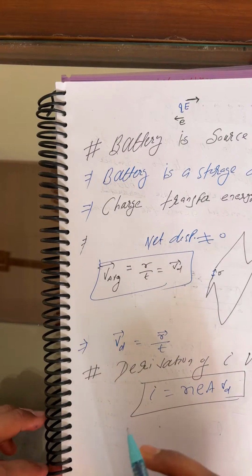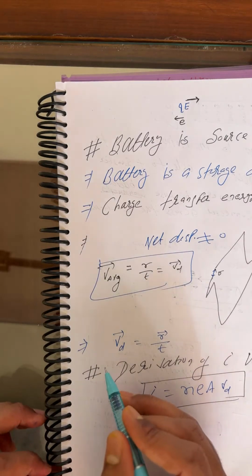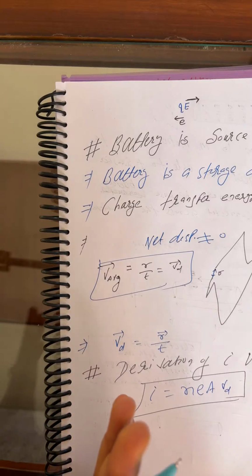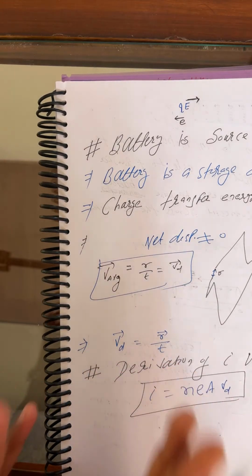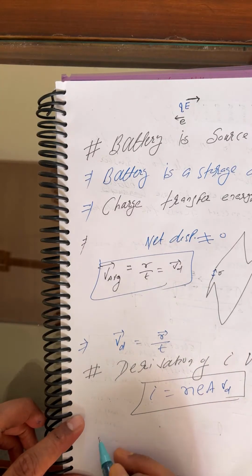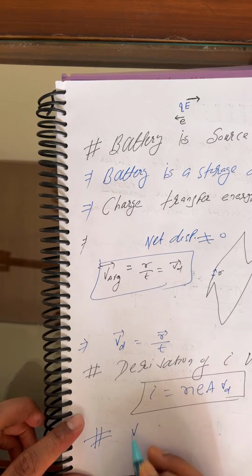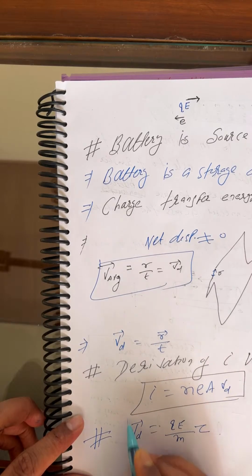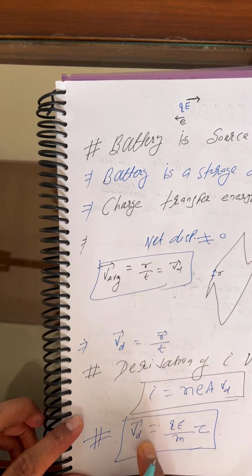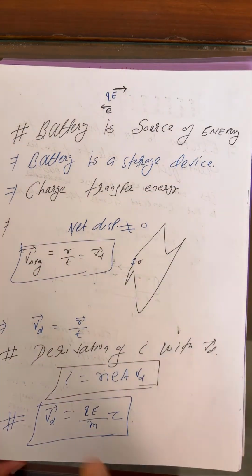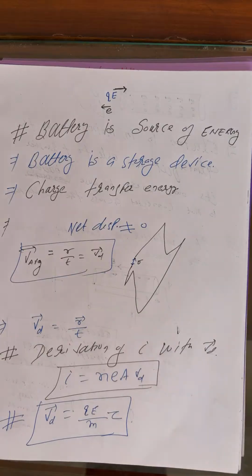Drift velocity is the average velocity that an electron attains in a material due to the electric field. Straight forward, I'm writing the relation for drift velocity: Q E by M into tau. You can get this result from the equation of motion, that is, kinematics.